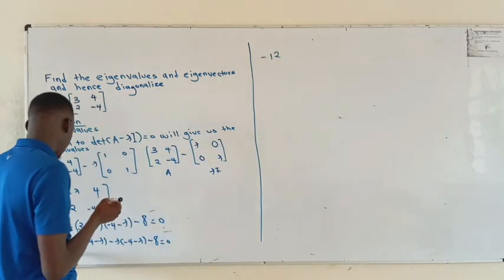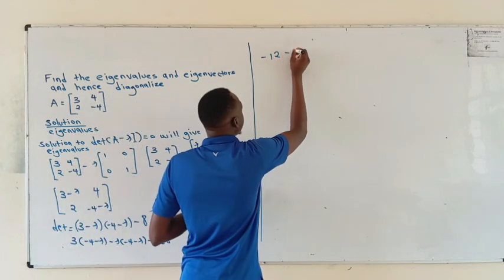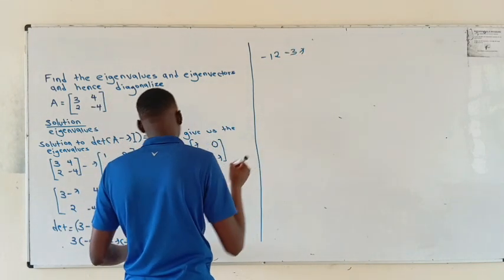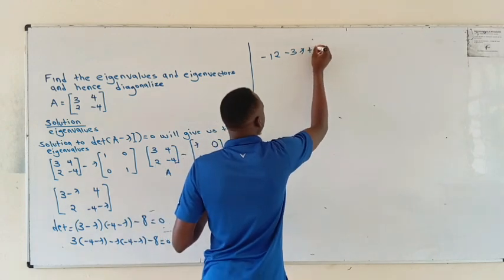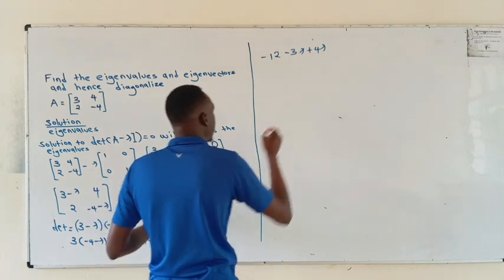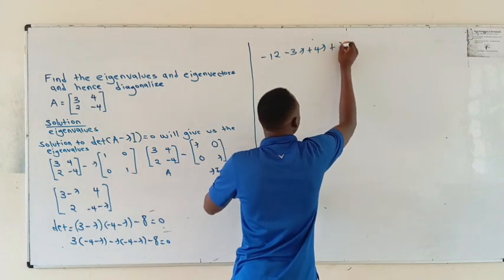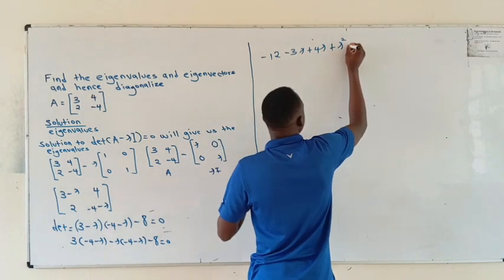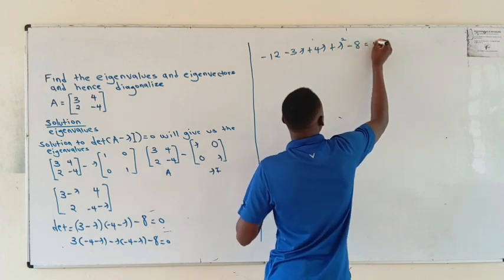Then we have 3 times minus lambda, which is minus 3 lambda. Then we have negative 1 times negative 4, which is plus 4 lambda. Then we have negative lambda times negative lambda, which is plus lambda squared. Then we have minus 8 equal to 0.